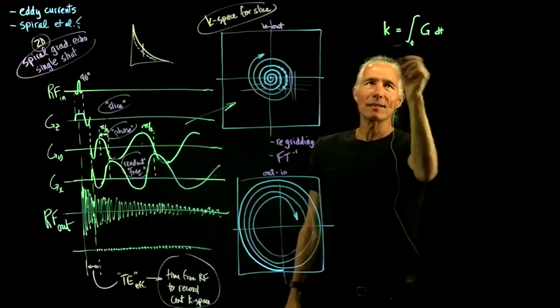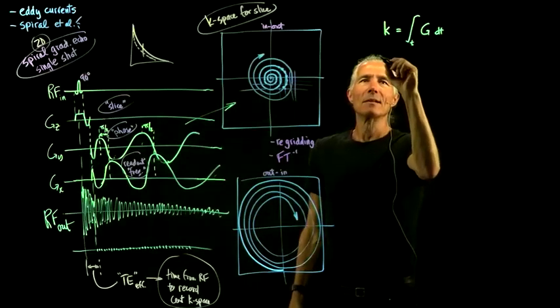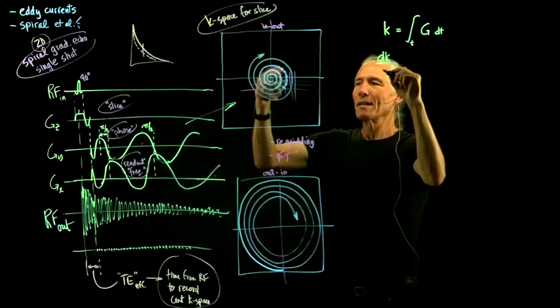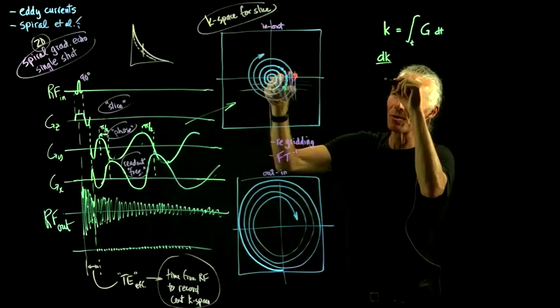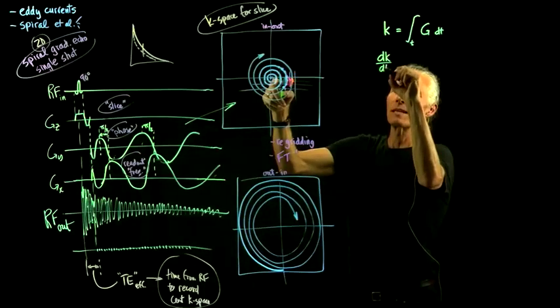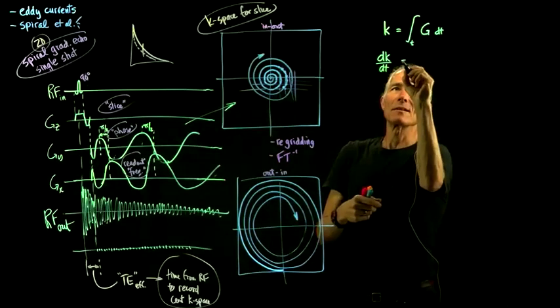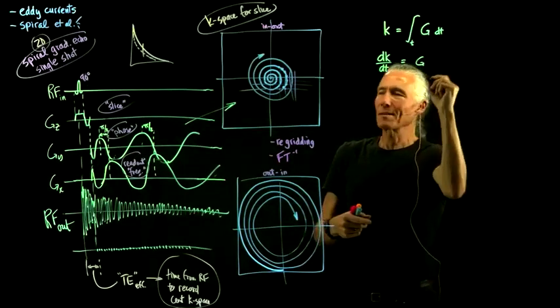But alternatively, if you take the derivative of both sides here, if you want to go the other way, then you can say, here's something I want to do in k-space. If I take the derivative of that, what's the rate of change of that thing, then that's going to be equal to the gradient.